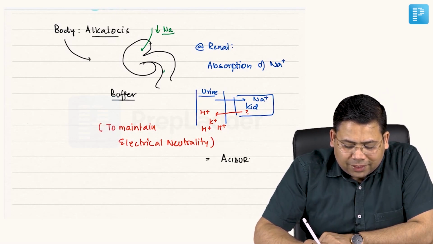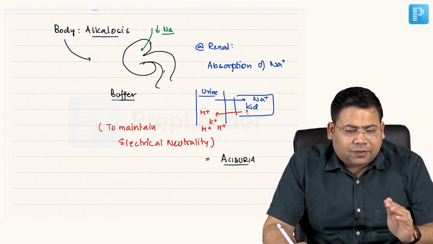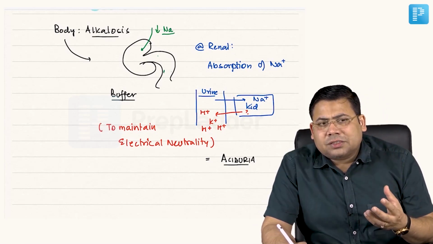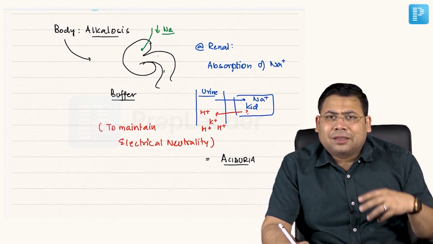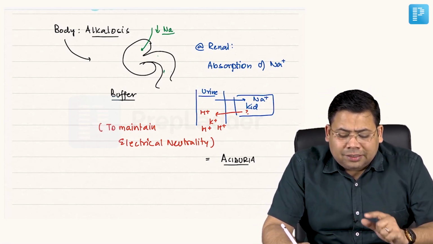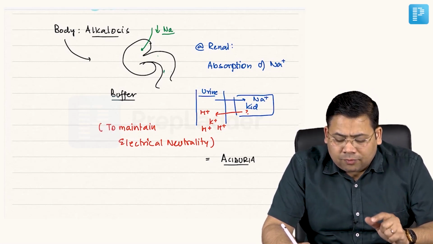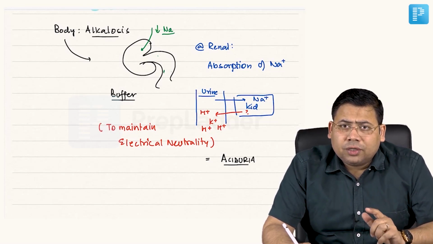Aciduria. You develop aciduria, since it is not in convention with the normal norms. Why? Because normally if it is acidosis, the kidney will lose acid. If it is alkalosis, kidney has to lose alkali. But here, despite the fact that there is alkalosis, the kidneys are losing more and more acid in the urine, and this is what is known as paradoxical aciduria.